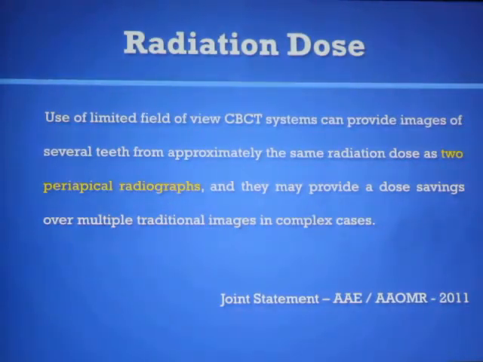This question has been asked so many times. Can we do conebeam CT in each and every case? What about the radiation dose?